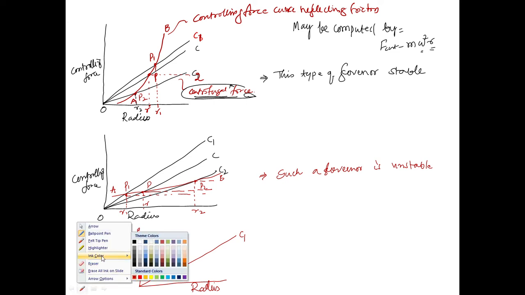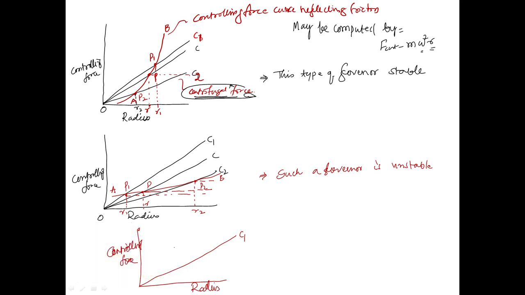Suppose the curve obtained based on the equations follows a straight line here. This type of governor you can call an isochronous governor.